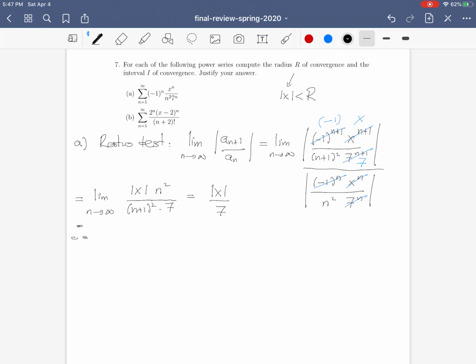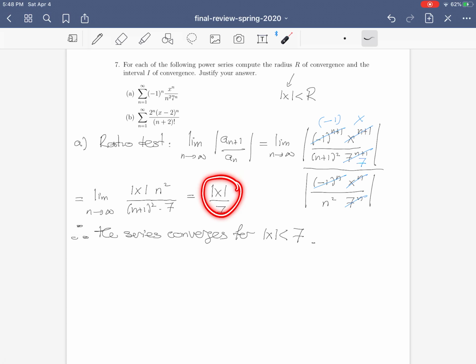Therefore, the series converges for absolute value of x less than 7. This ratio, absolute value of x divided by 7, is strictly less than 1 whenever x is less than 7 in absolute value.